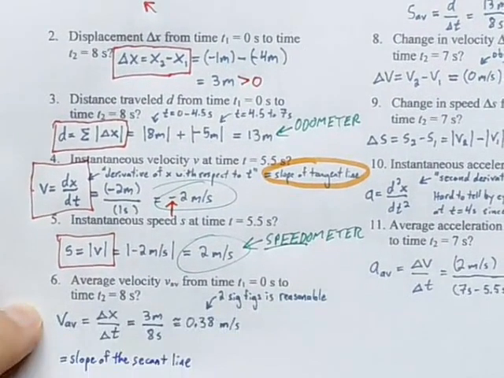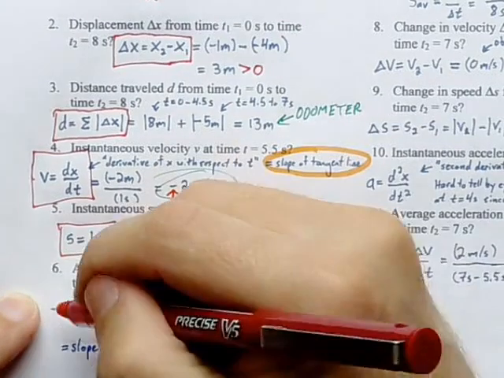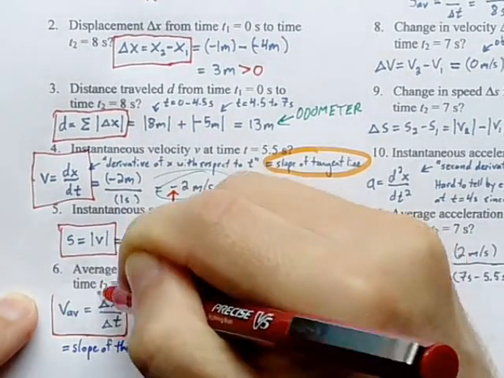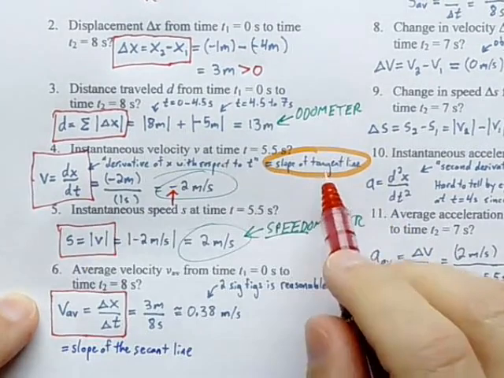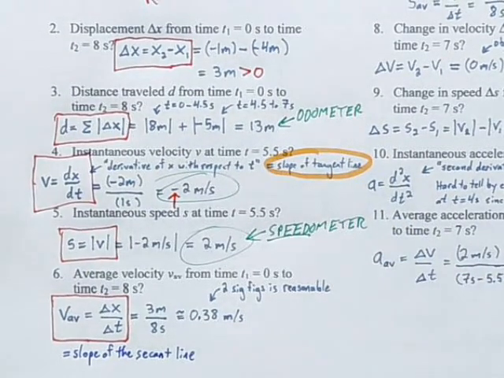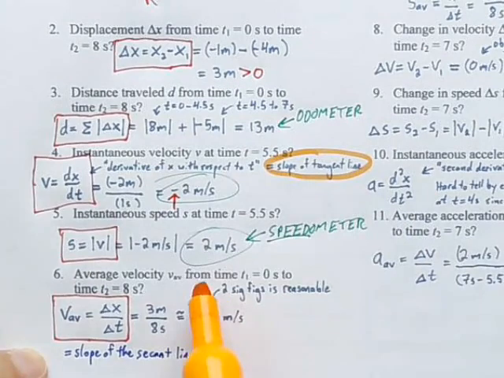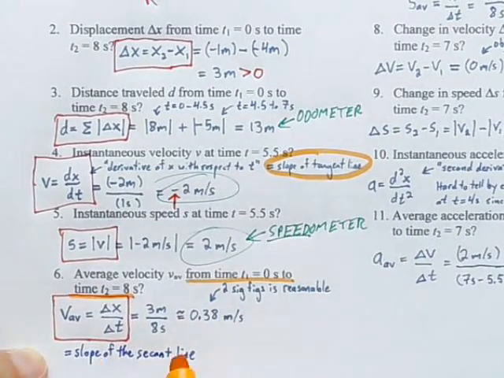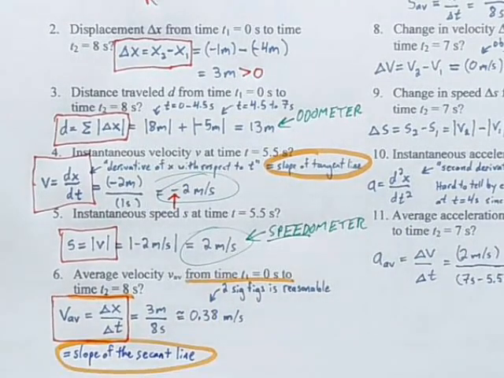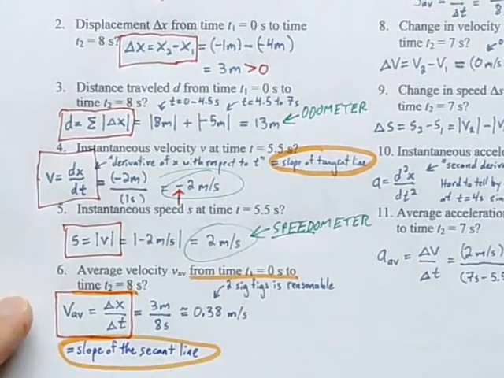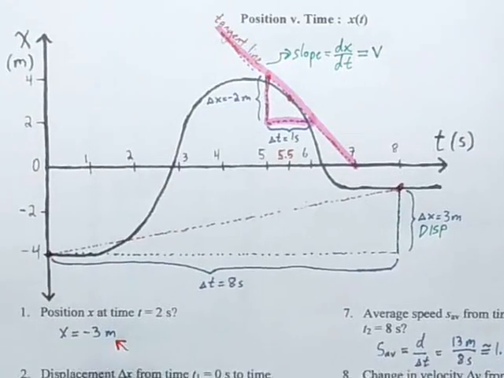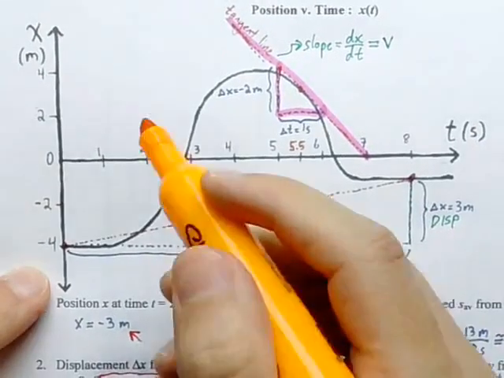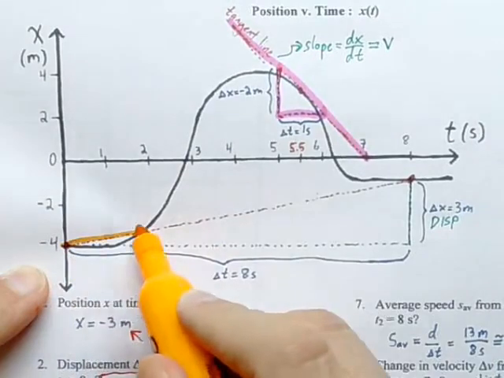Next up, average velocity. We computed instantaneous velocity by finding the slope of the tangent line. We can find an average velocity over some time interval by finding the slope of the secant line on the graph. So from 0 to 8 seconds, we can draw a line pointing from the initial position to the final position.